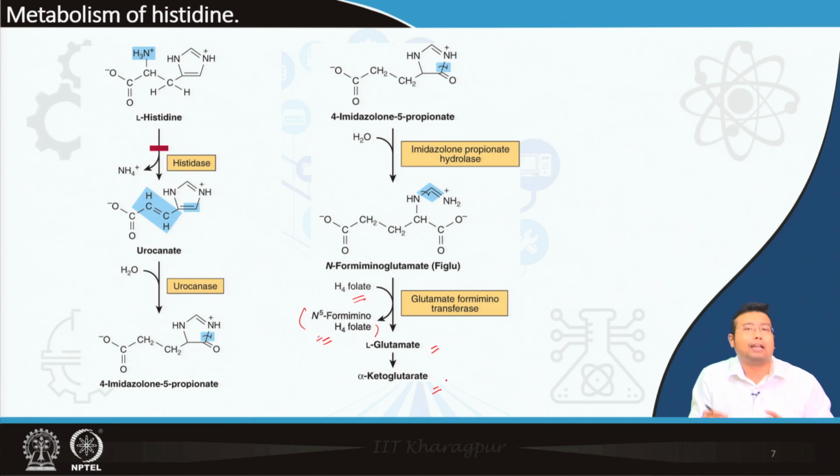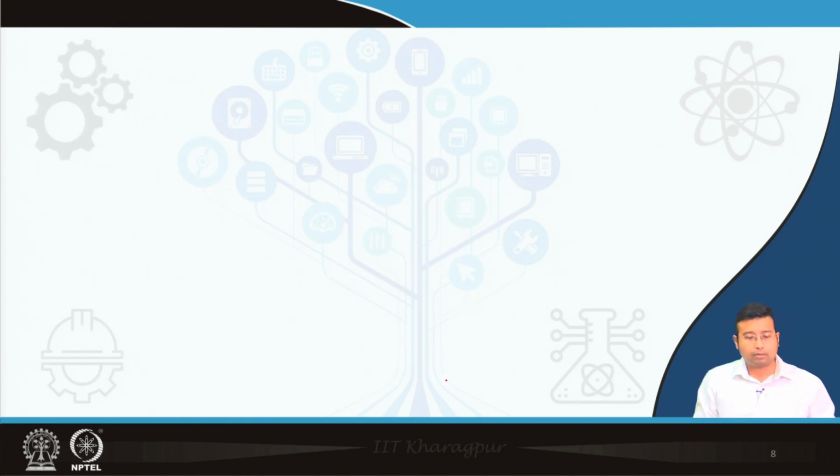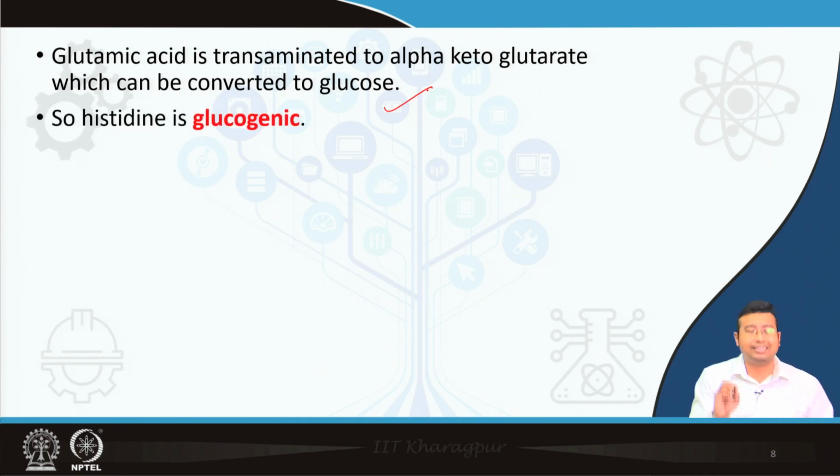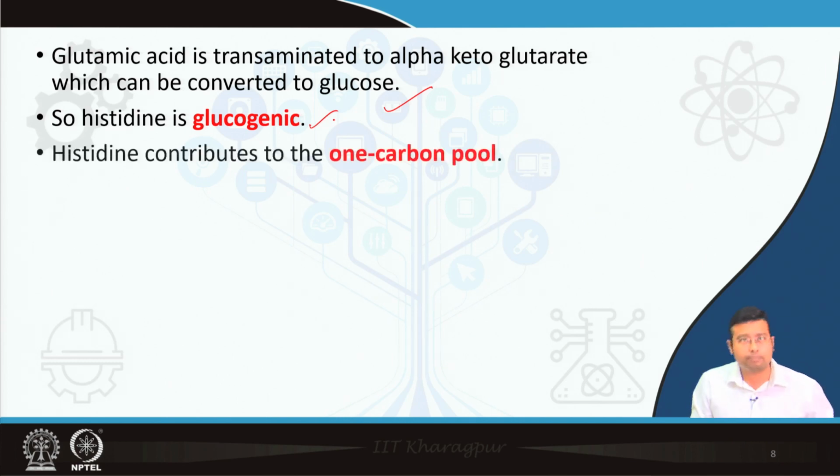This glutamate can be converted to alpha ketoglutarate by transamination, and that alpha ketoglutarate, which is an intermediate of the TCA cycle, can always be converted back to glucose by reversal of glycolysis and gluconeogenesis. So, histidine is glucogenic, there is no doubt about it.